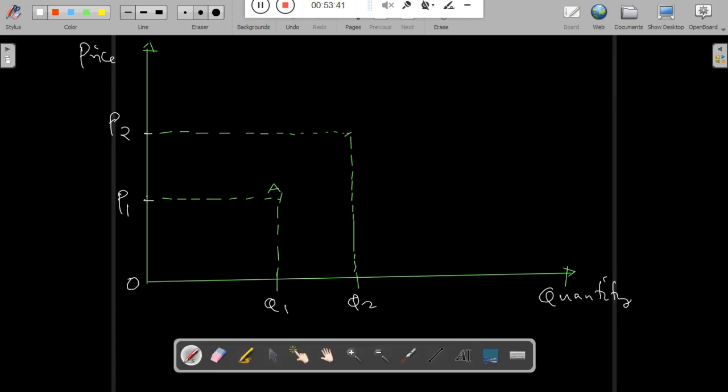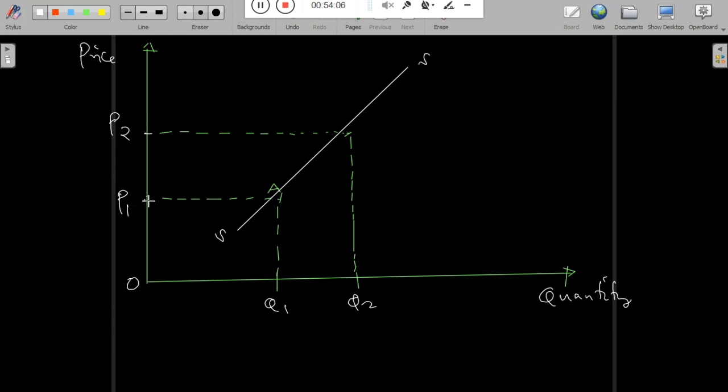Whenever there is a change in price level from P1 to P2, we observe changes in the quantity, from Q1 to Q2.